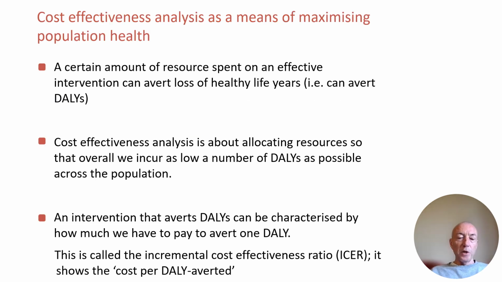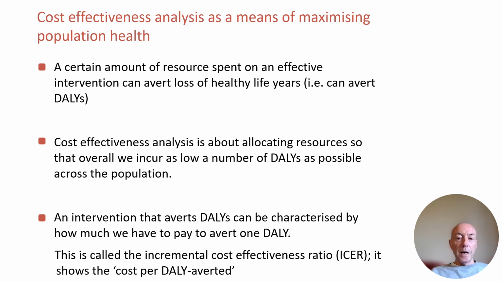So now you know about DALYs and how we count costs, we can talk about what a cost effectiveness analysis is. And essentially, it's a means of maximizing population health. So a certain amount of resource spent on an effective intervention can avert loss of healthy life years, i.e. it can avert DALYs. We don't want DALYs, we want to reduce them as much as possible.